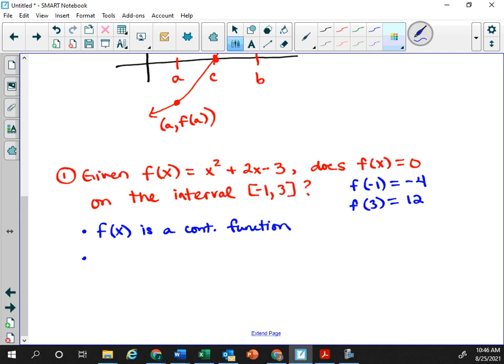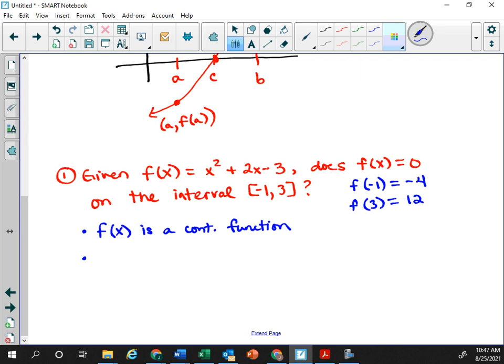So you know that an x squared, that's a parabola, right? And the plus 2x minus 3, there's nothing weird happening in there. So you can just use your knowledge about these functions. Sometimes you'll be given the graph or given a table, and you can just see from there, okay. Sometimes they even just tell you f of x is continuous. So you go, okay, I got it.